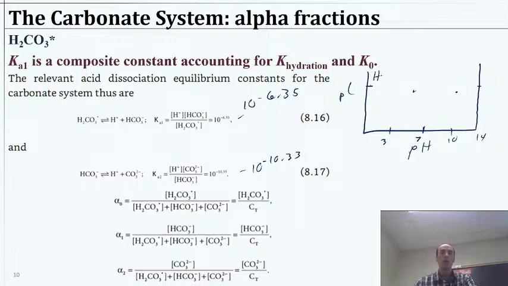So the most acidic should be H2CO3. It's going to be this guy, and eventually it's going to do that. That'll be in equilibrium with HCO3 minus, because that's the next most protonated one, which will cross right there, come up and dominate for a little bit, and then it'll go down like that.